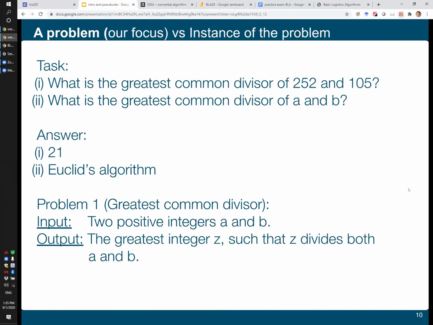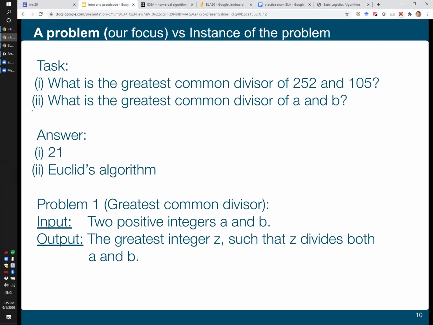So just to show you the difference between the possible ways of stating the problem, you may ask yourself this question, like this question number 1: what is the greatest common divisor of two given numbers, like 252 and 105? And the answer would be, well, some number that divides this and this.